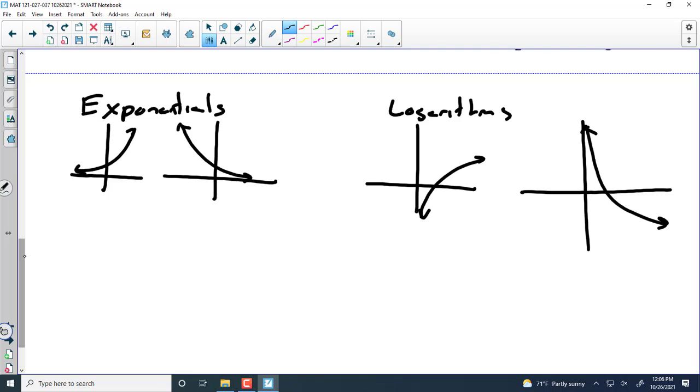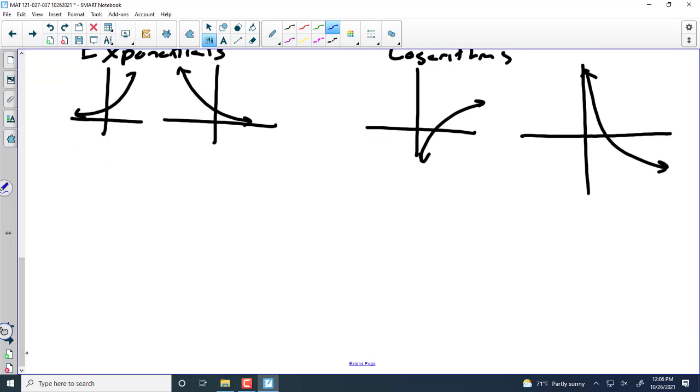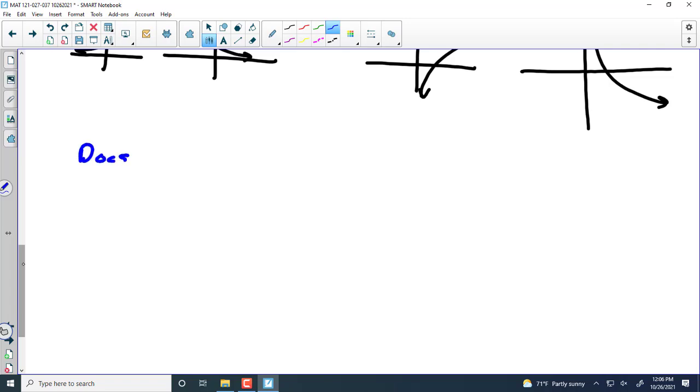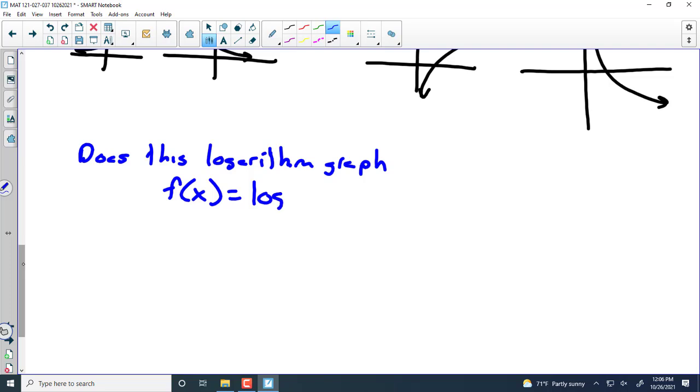By the way, everyone, real quick here. Does this logarithm graph, which I will call f of x equals log of x, look similar to another graph that we learned about in this class? What does it look kind of like?